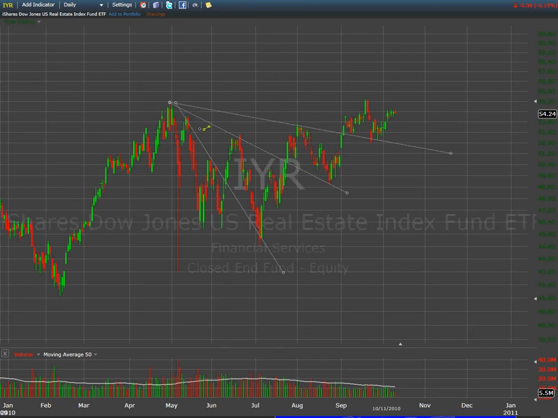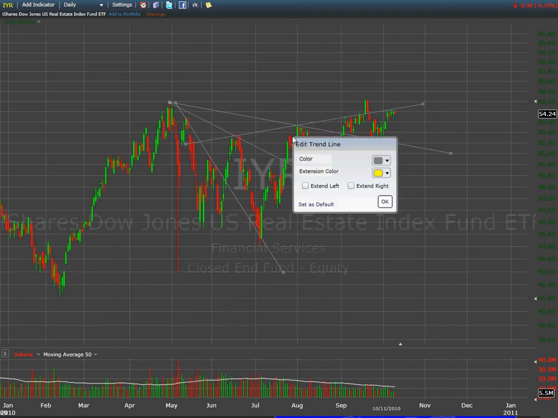Additionally, if we use these peaks here and here to roughly correlate with the S&P chart, the inverted head and shoulders that we looked at a few days ago, let's go ahead and pretend like this is a head and shoulders. You can see we really broke that neckline, if that's what we're going to call it.